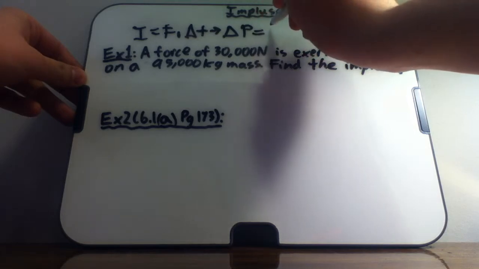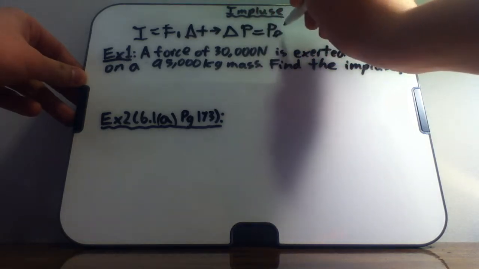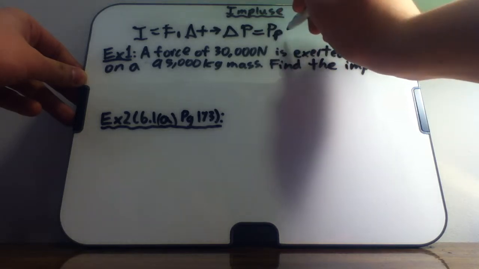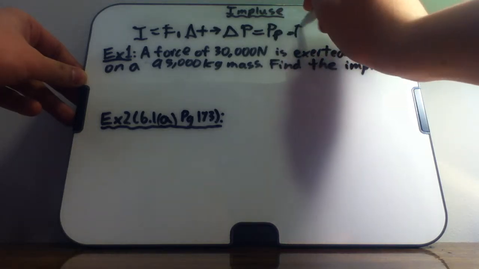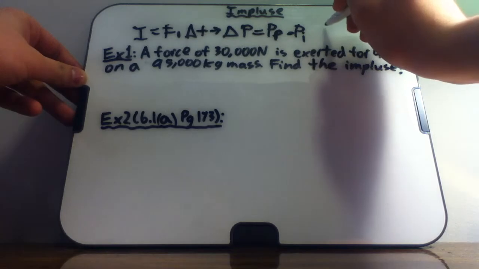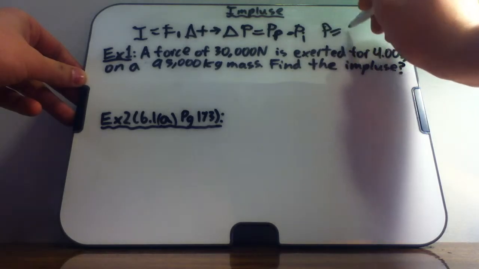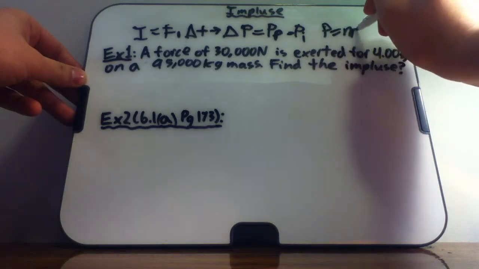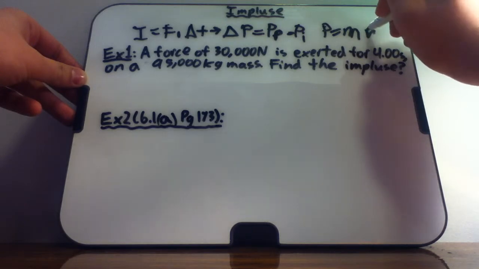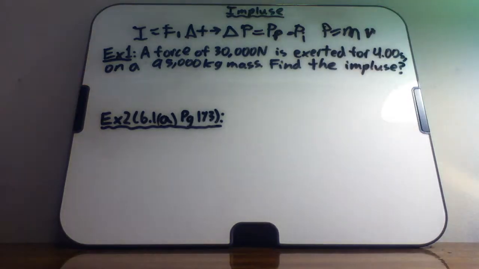So delta P equals P final minus P initial. And we know that momentum equals mass times velocity. So, let's look at the first problem, example 1.